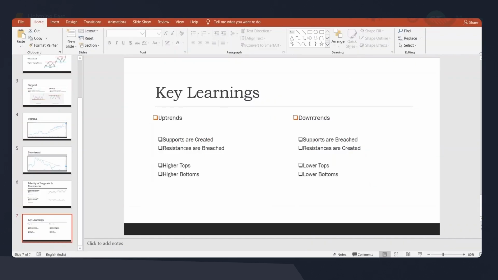So to come to a conclusion, what we have covered here is what we mean by a support level or support zone, what we mean by a resistance zone, and what we mean by trend lines, which can be either an uptrend or a downtrend, and how to identify these support and resistance zones and the trend lines. Finally, let's talk about zig lines, which will help you visualize the support and resistance zone better.